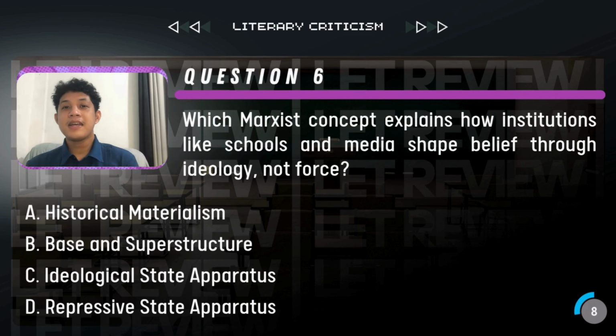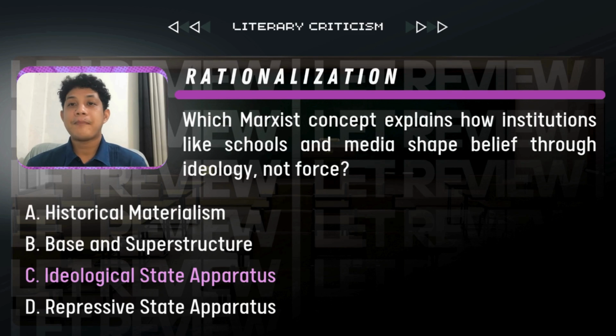Okay, time's up. The answer for this question is letter C, ideological state apparatus, or ISA. And why? Ideological state apparatus, or ISA, was developed by the Marxist theorist Louis Althusser. It explains how institutions like schools, media, families, and churches shape individuals' beliefs and maintain social order primarily through ideology rather than direct force or coercion.